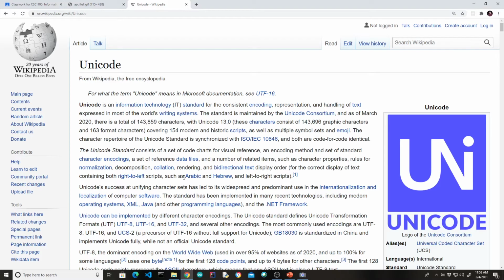I'm not going to go into this, but Unicode characters you would translate in a similar fashion. The character set in Unicode is a lot larger than the American standard, and that might be a reason why the American standard came about: here in America we have a smaller set of characters, since we use the alphabet.